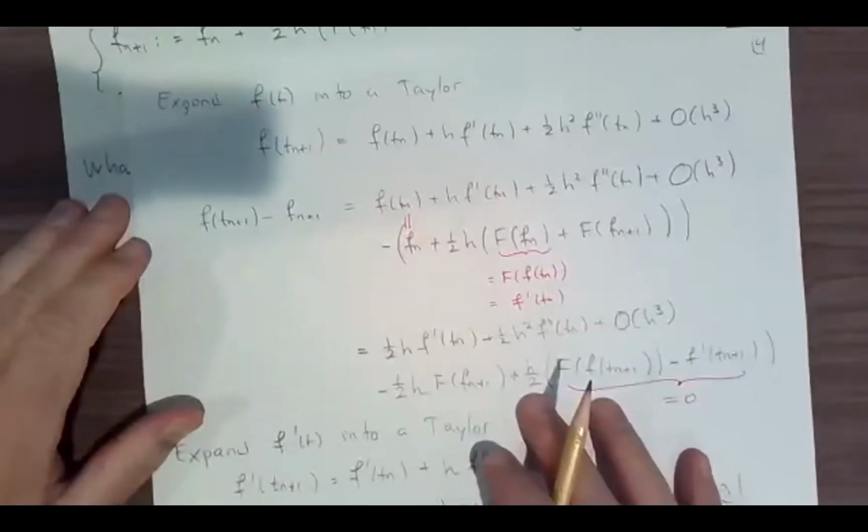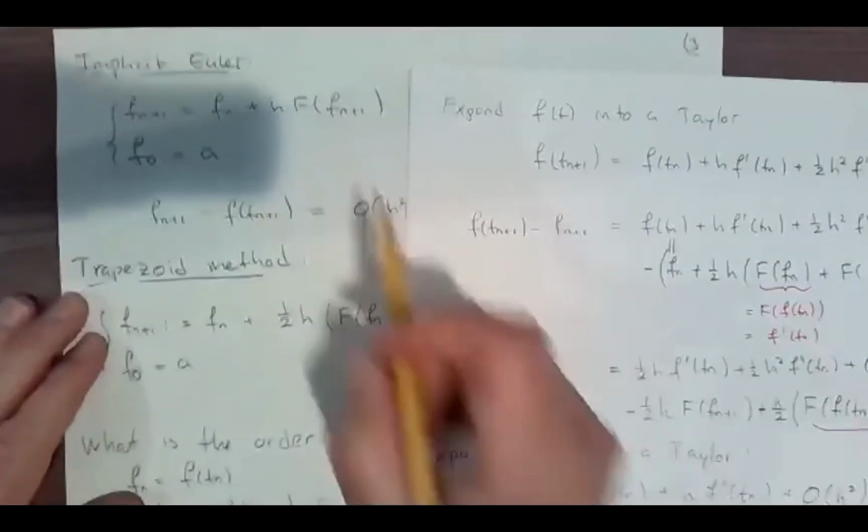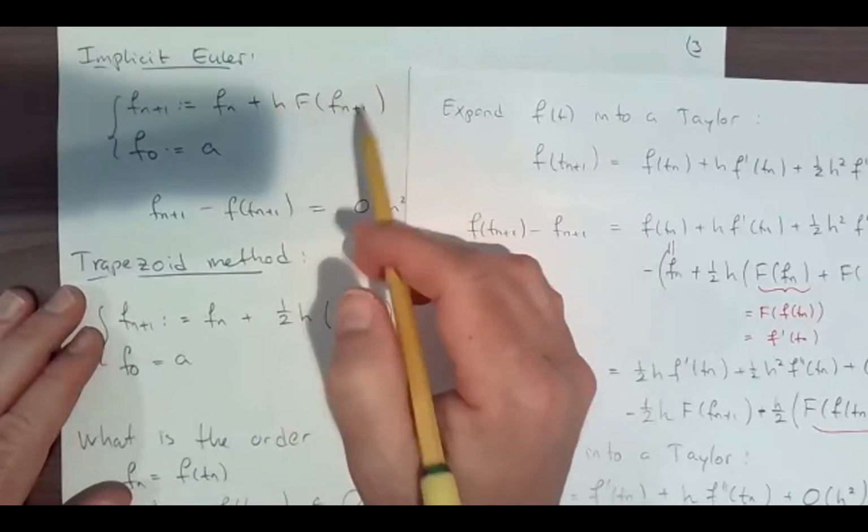So we're doing this analysis here under the assumption that that function that controls the derivative, that it has a Lipschitz property.